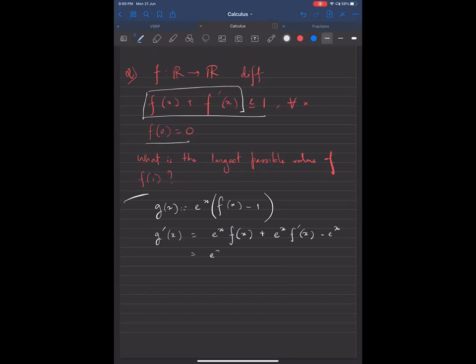What will that give us? Taking e to the power x common, we get e to the power x times (f(x) plus f prime(x) minus 1). So this is what we want. And what we use is this wonderful thing, e to the power x, which remains the same after we differentiate.